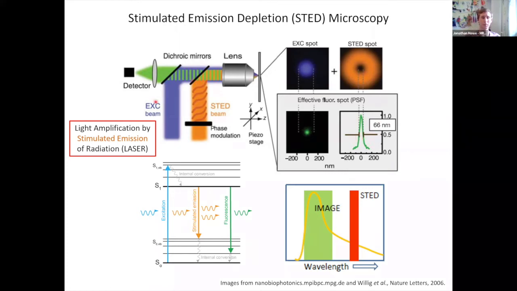In a regular confocal, you would have an excitation beam, which is focused by your objective lens down to a small spot in the sample. And then that spot is raster scanned over the sample using some scan mirrors.